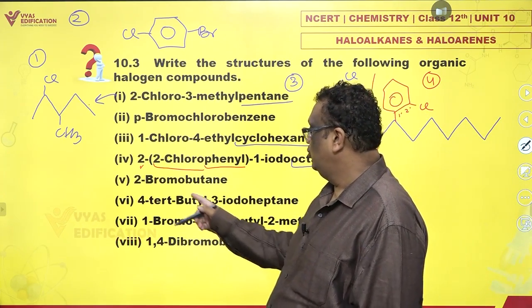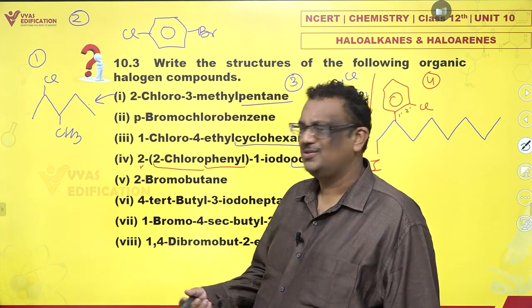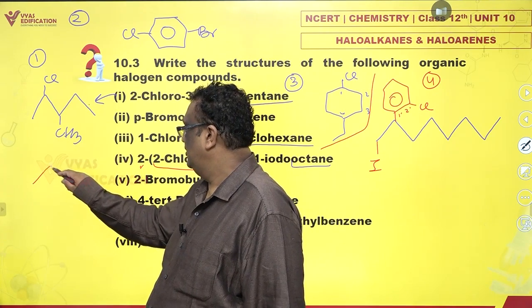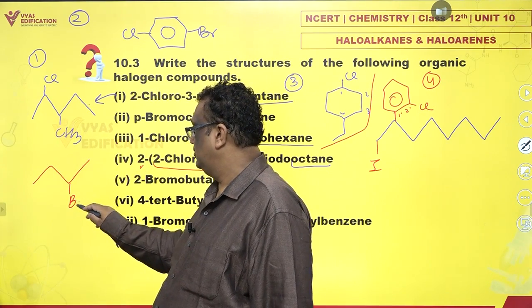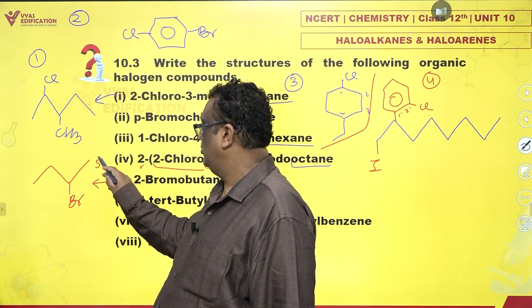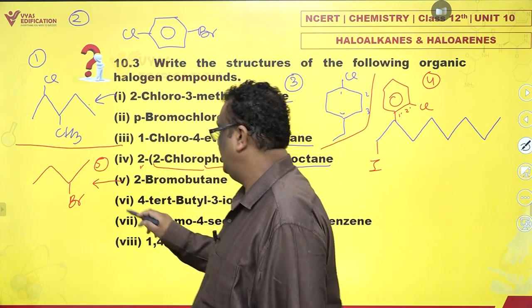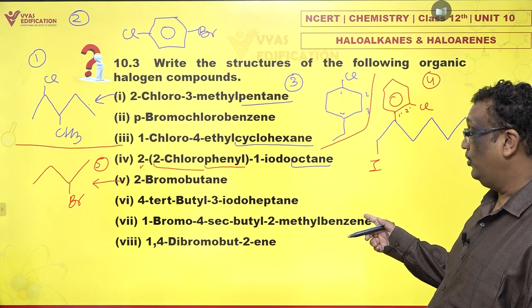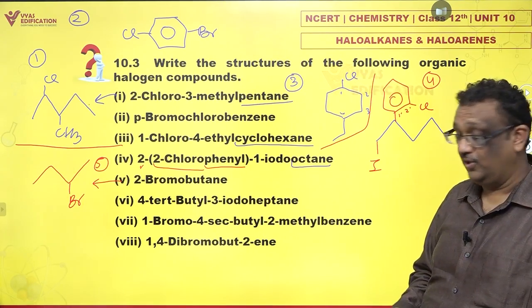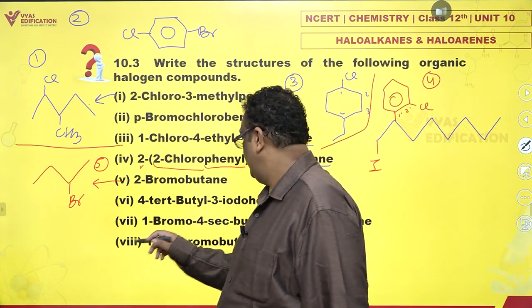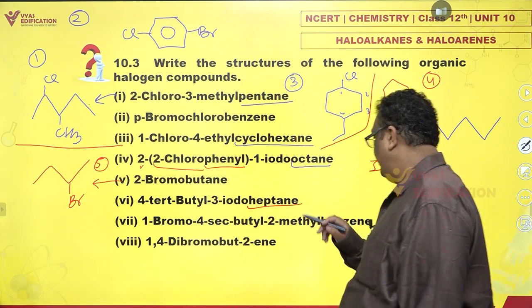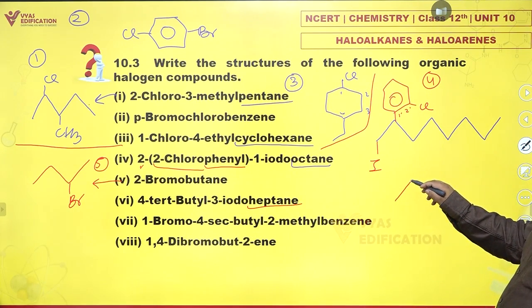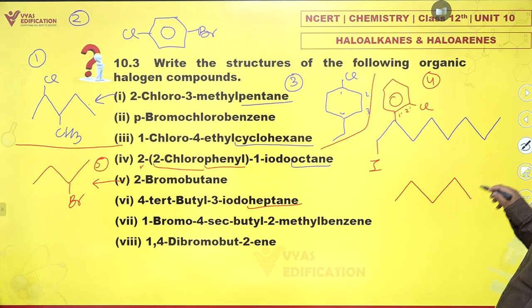Fifth, 2-bromobutane. That's simple. This is 2-bromobutane for you. Very lovely. And the sixth one, 4-tertiary butyl. First of all, we need a heptane. 1, 2, 3, 4, 5, 6, 7.